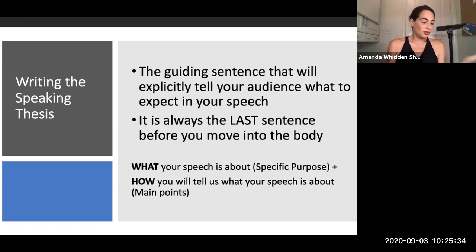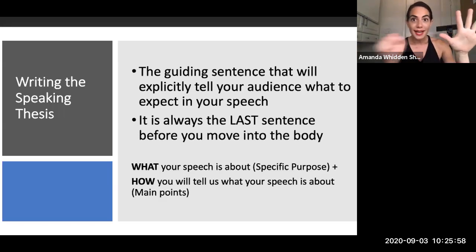They also don't have the opportunity to look back or ask a question, what's this about again? And so your job in a speaking thesis is to explicitly tell us what to expect in your speech. It is always going to be the last sentence before you move into the body portion. It is a combination of two things. And if you want to write this down, and always remember, it's a combination of the what and a combination of the how.